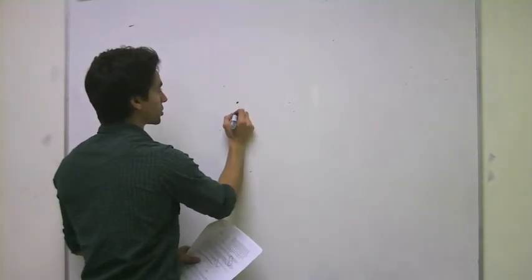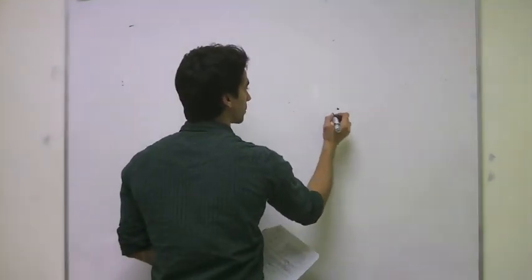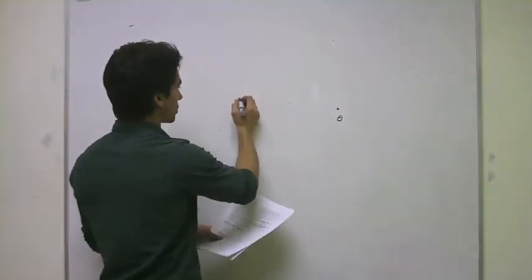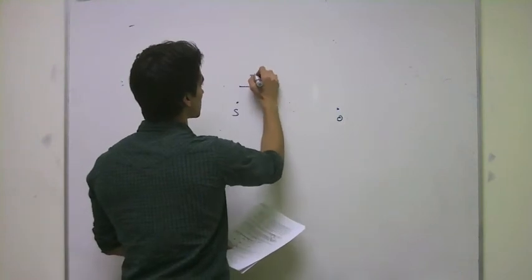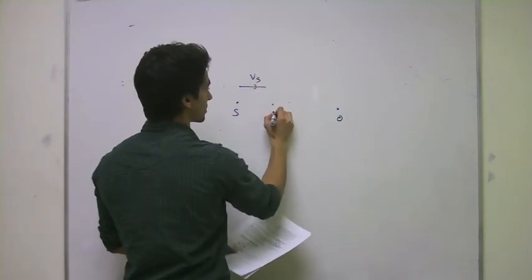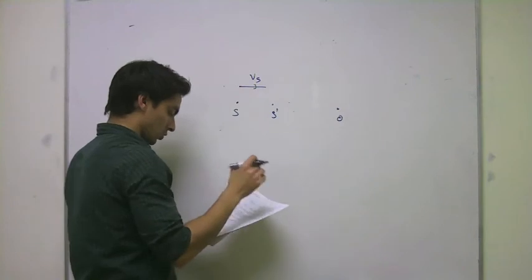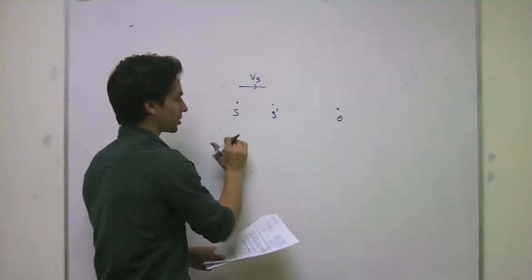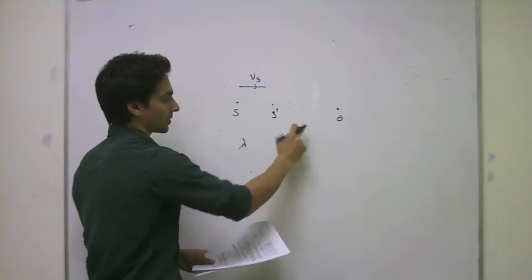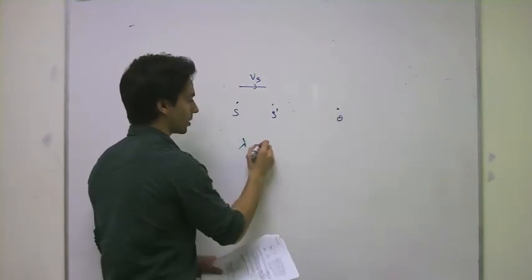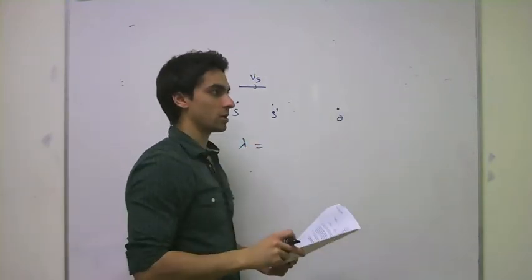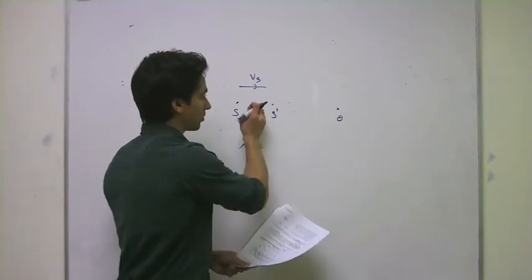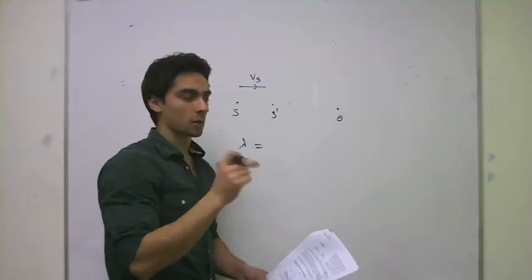Let's say there's a source here and an observer here, and the source is moving with the speed vs, and this is the new position of the source. Now if we have to calculate for a stationary source the wavelength perceived at the observer, the wavelength would be the distance traveled by the wave divided by the number of waves.